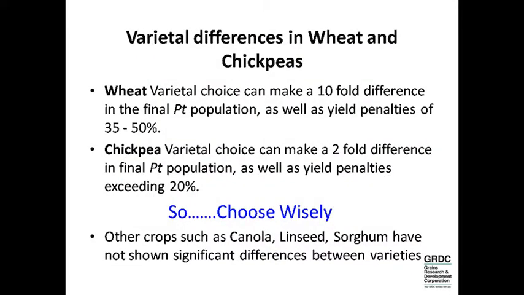Varietal differences, it's mainly chickpeas and wheat that you've got to be careful of in the varietal choice, and especially wheat, as we saw. From a tolerance and yield point of view, we saw that 30 to potentially 80% yield loss, but also the wrong choice of variety from a resistance and a rotation point of view can multiply the nematode numbers by tenfold.